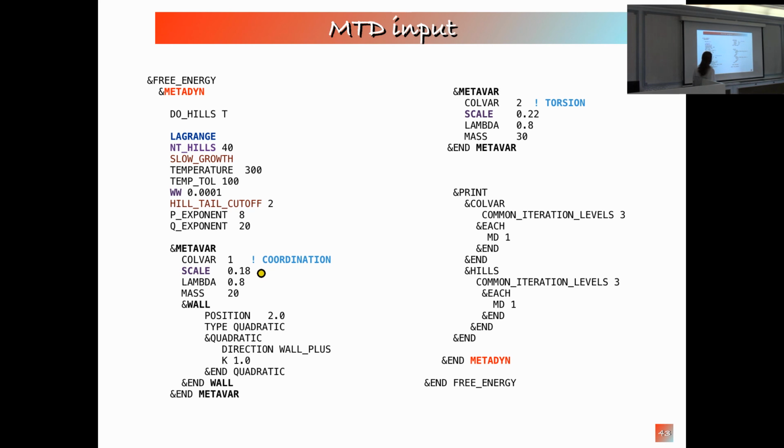This instead is the size of the potential hill in the dimension of this collective variable. The units of this value depend on the definition of the collective variable. Here they are not specified, it makes no sense. But if this is a coordination number, this unit will be just a number.